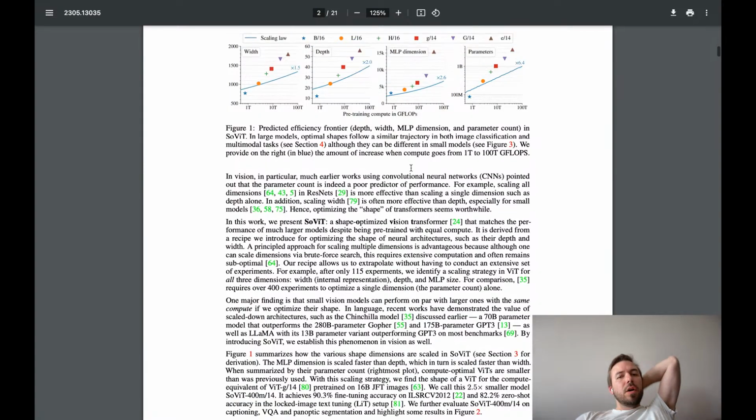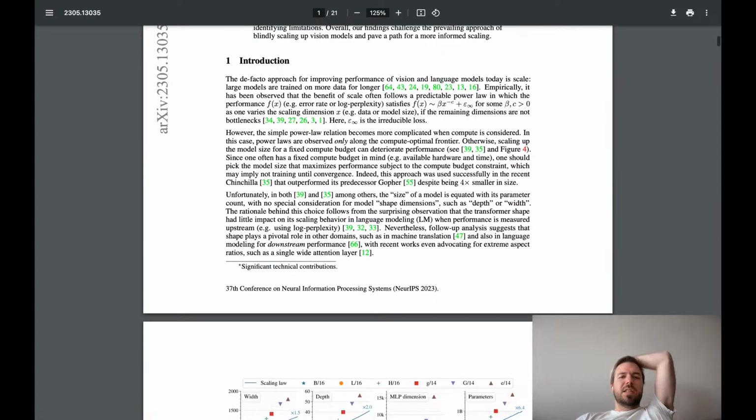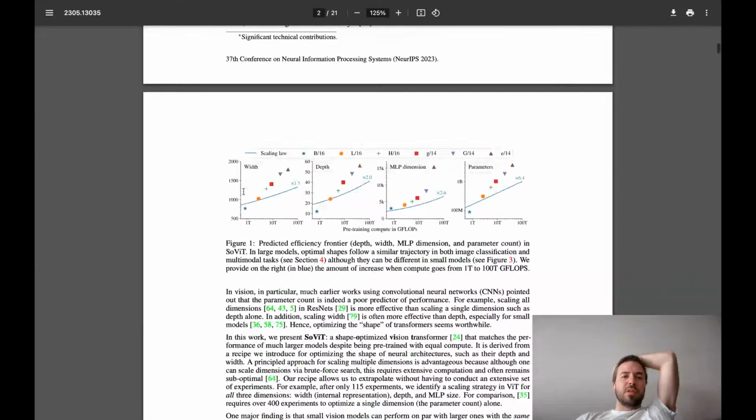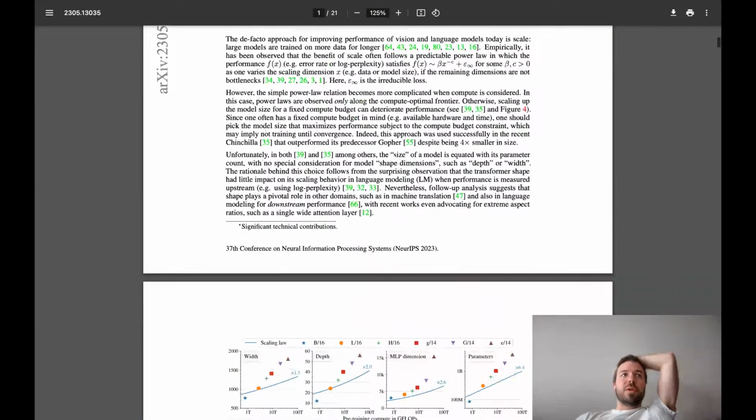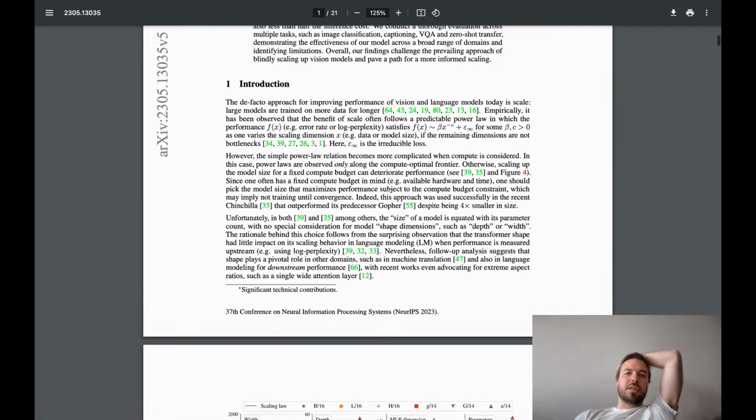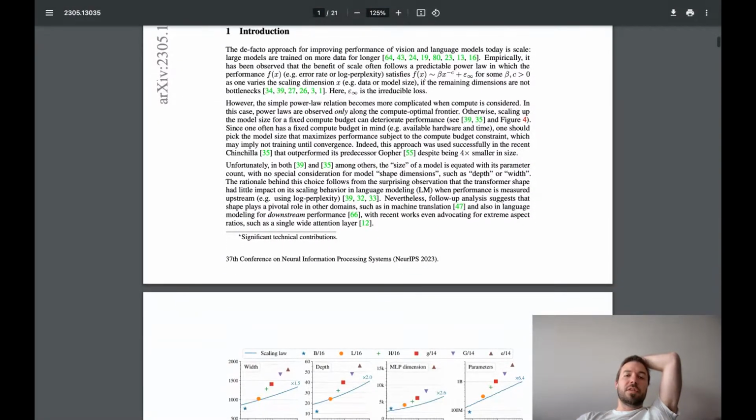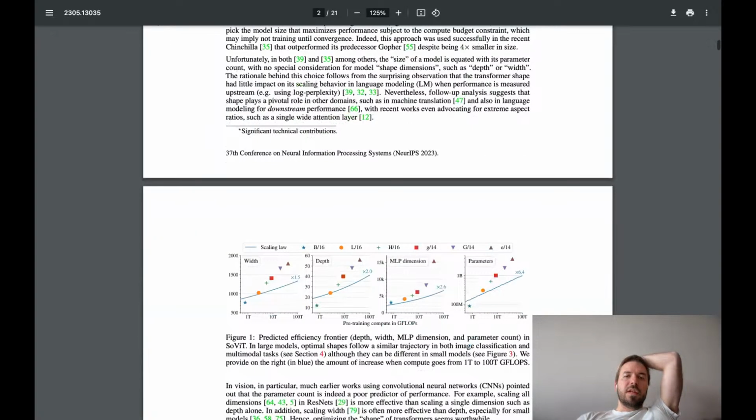Okay, so they're saying that at the time this paper was published, which was January this year, the common assumption is that it's all about parameter count. And they said that might be true in some domains, but not in others. So in translation and also in vision, it seems like the shape of the network is important, not just the parameter count.